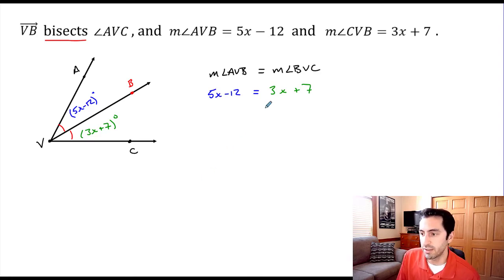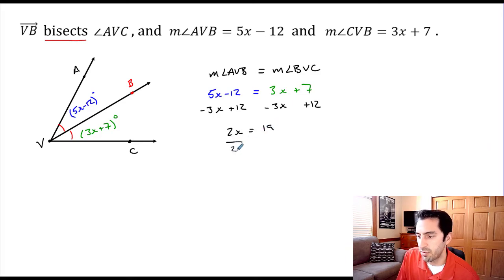And now that's an equation I can solve. I can find x here. So let's group up our like terms. I'll subtract 3x from both sides. I'll add 12. So I end up with 2x is equal to, see, 7 and 12, I get 19.